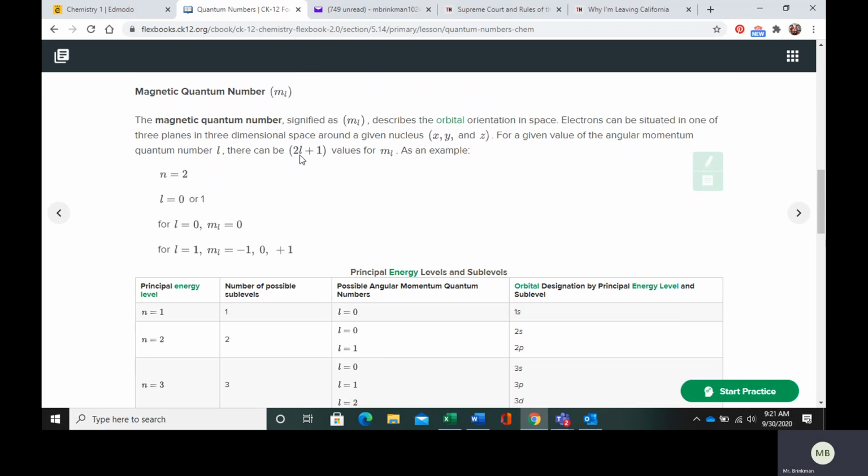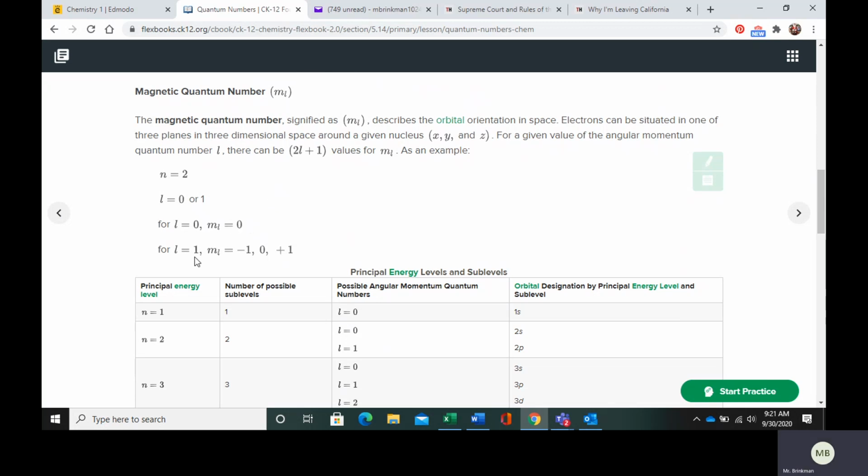So if L equals 0, there can be 2L plus 1 values. All right? So if L equals 0, we have 2 times 0, which is 0, plus 1, which is 1. So m is only going to have one value, which is 0.